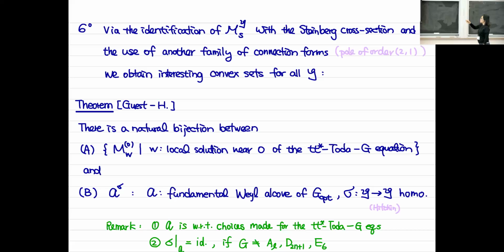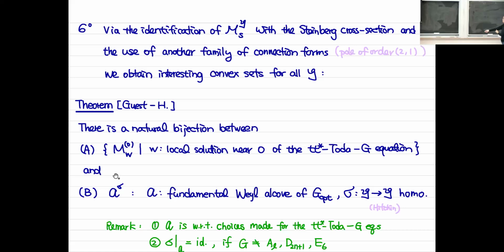This is not relevant to the later part, but it ties back to the convex hull that we saw in the earlier slides. The result says that there is a one-to-one correspondence between this W, which is the local solutions near 0, so the QQ pi, and this fixed point set on the fundamental Weyl alcove.